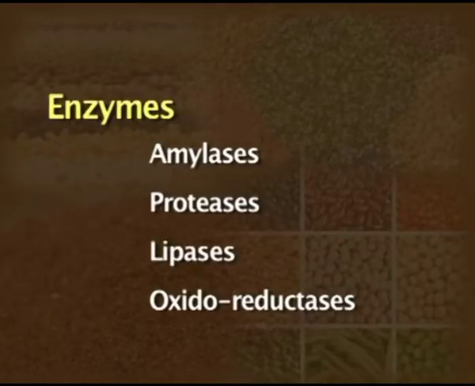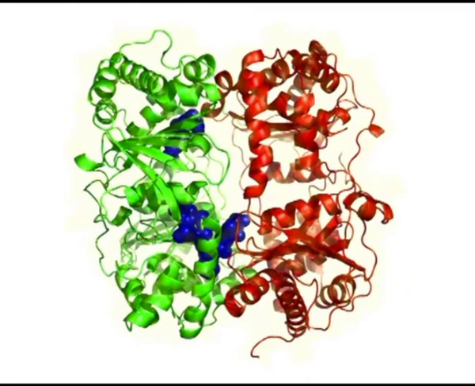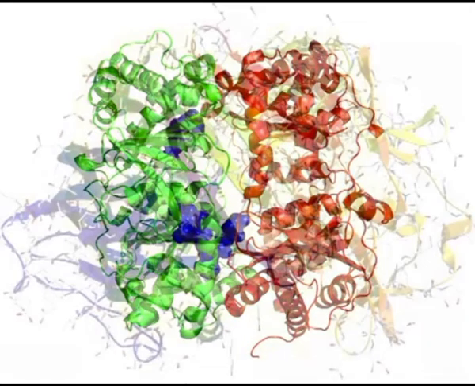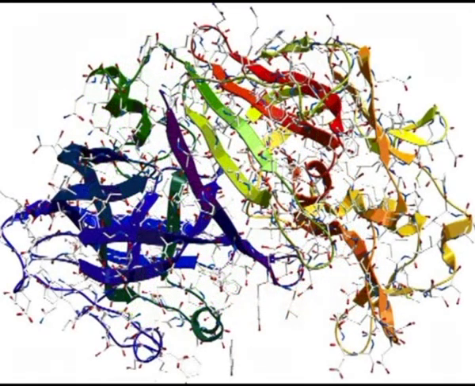All the cereal grains contain various quantities and various types of enzymes, but what is important are certain enzymes such as amylases, proteases, lipases and oxidoreductases, and these enzymes help in the digestion and the absorption of these cereals when they act upon them.